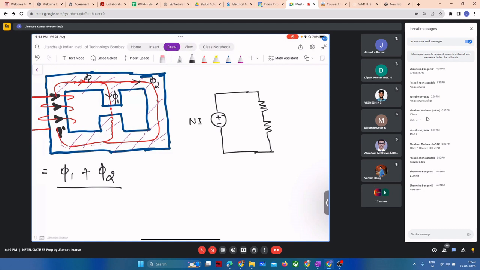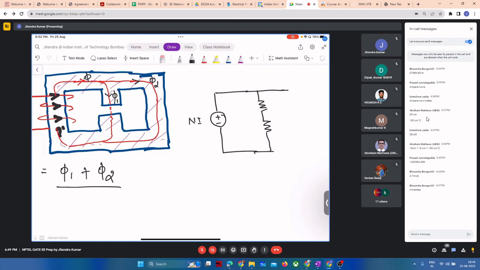Why two reluctances? Two mediums, air and core. Yeah, that's correct. R2.